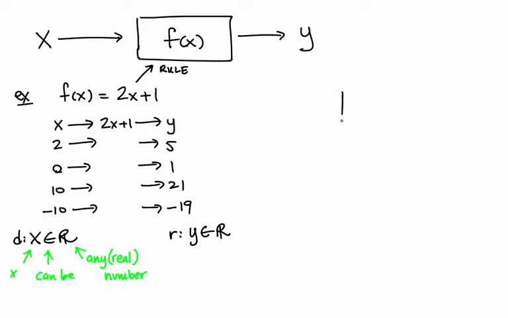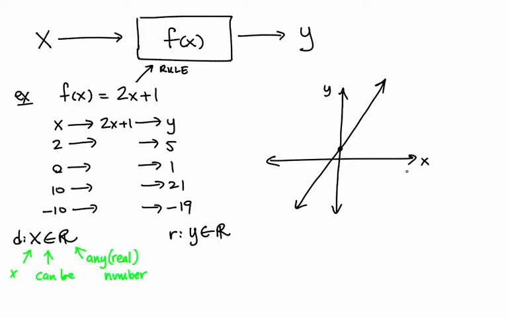It's actually nice to see this graphically as well, so I'll just do a quick little sketch here. This graph is a linear function with a slope of 2, so it looks like this. And what I'm saying is in the x and the y direction, what input values can you input? Can you input 0 and get a point? Can you input 1 and get a value? Can you input 2 and get a value?